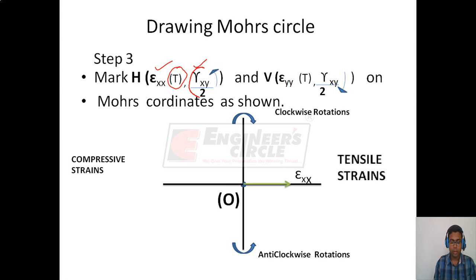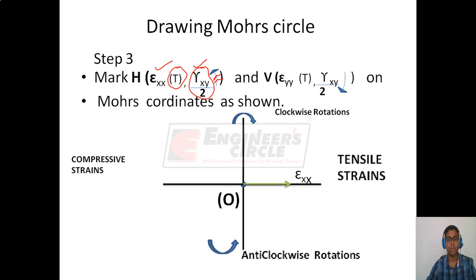The shear strain is trying to rotate the element in anti-clockwise direction. Therefore, it is to be marked below the origin, as anti-clockwise rotations are marked below the origin. So we mark gamma xy by 2. This gives us point H.